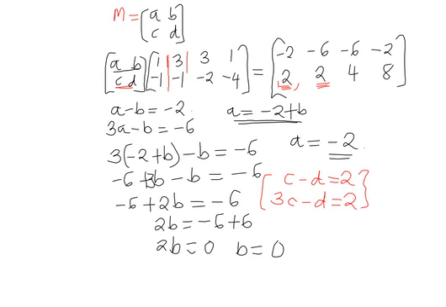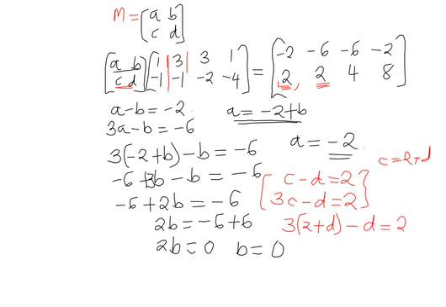So we can make C the subject of the formula for the first equation, and this will be equal to 2 plus D. Then we substitute this value of C in equation 2, which will be 3 multiplied by 2 plus D, then minus D is equal to 2.